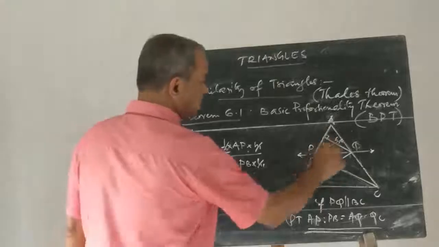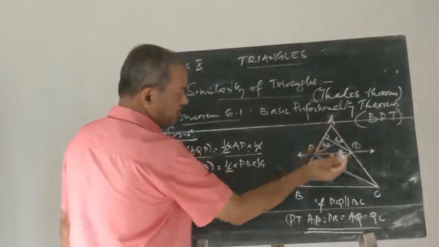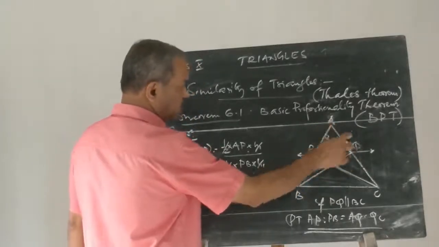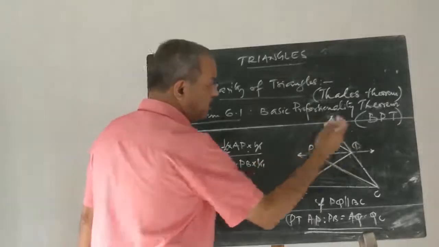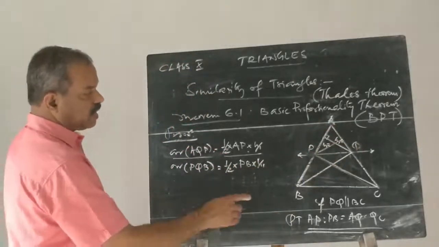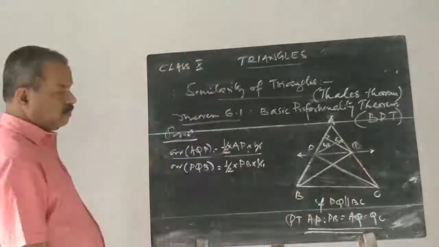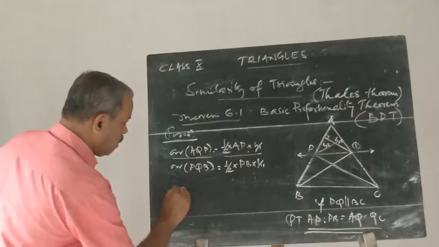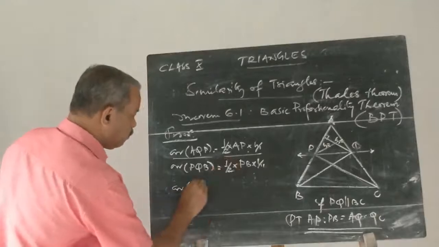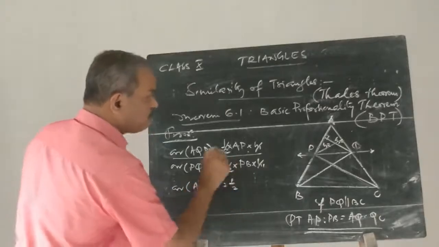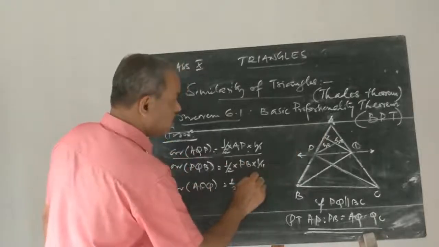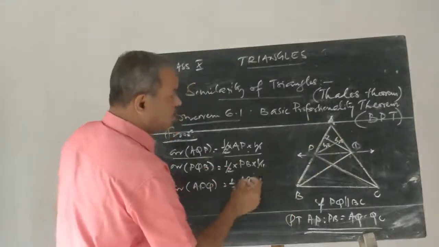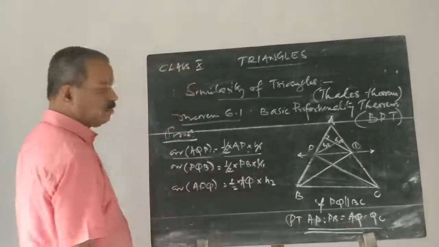Now consider the second case, with the same triangle APQ and triangle PQC. Area of APQ equals half into base AQ into H2.